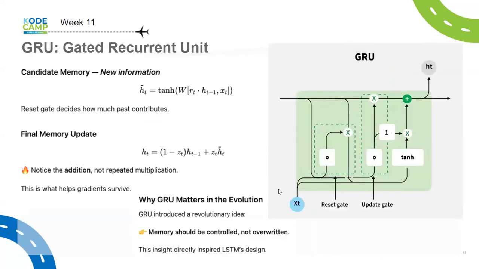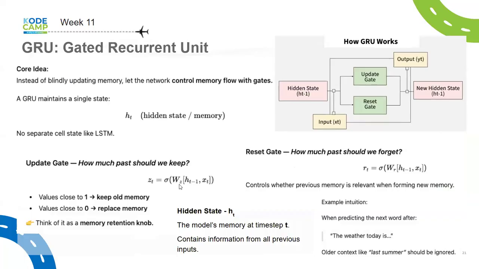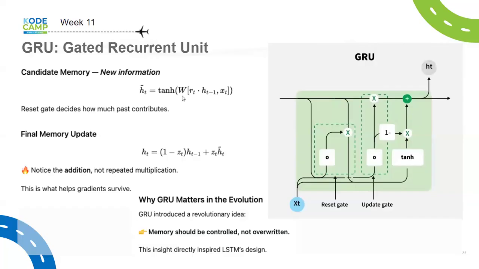And that's it, right? If we want to look at it from here, you have the candidate memory, which is the new information. Now you have the W, which is the actual weight of the GRU. You notice that we still have weights for the update gate and weights for the reset gate, but we also have one set of weights.